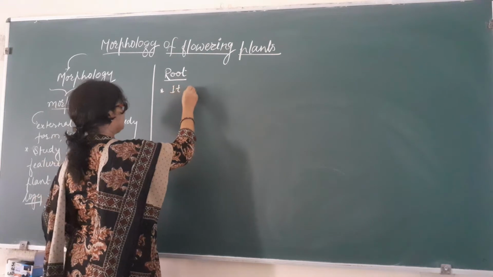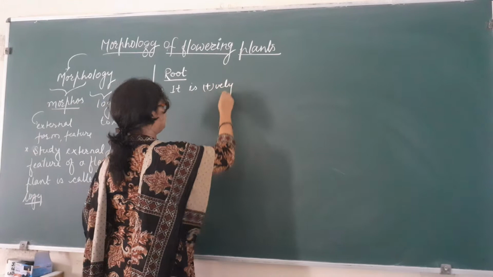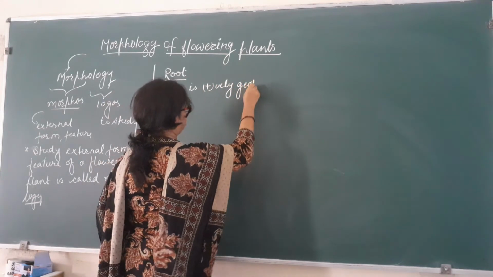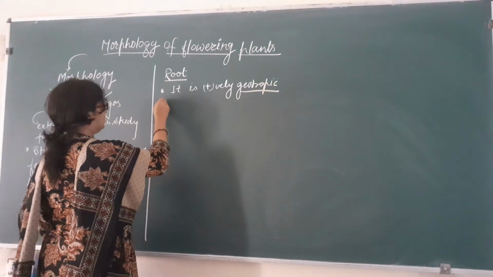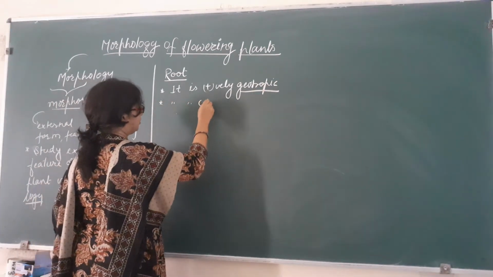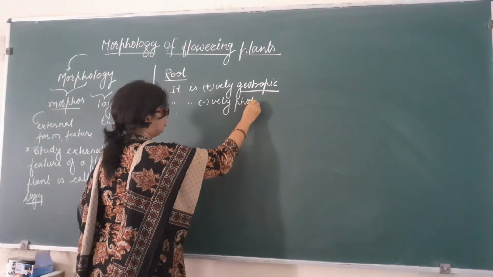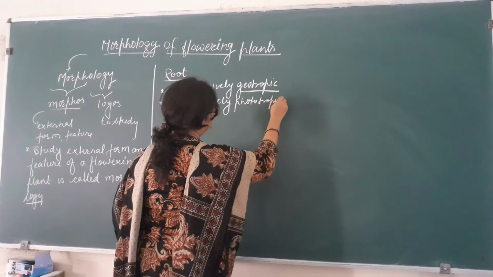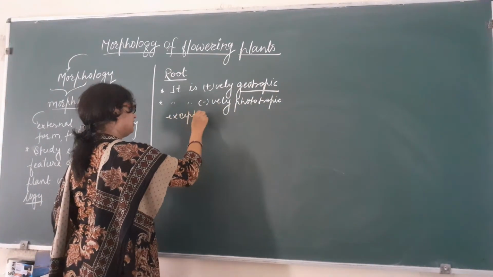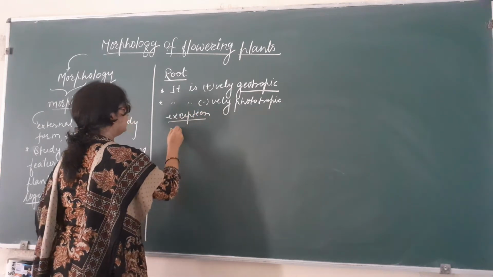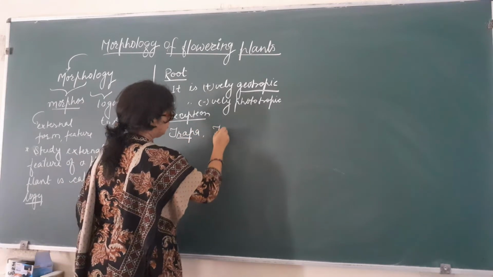It grows, it is positively geotropic, and it is negatively phototropic. Exception is Trapa and Tinospora.